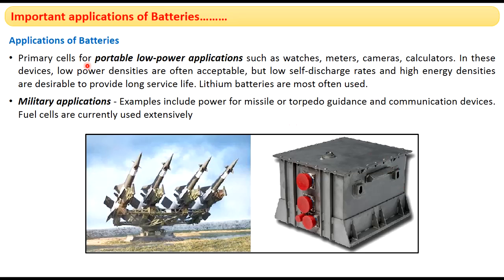Next, primary cells are preferred. Primary batteries are used especially for portable low power appliances. Applications like wrist watches, meters, cameras, calculators run with primary batteries. For these batteries, low power density is enough, but low self discharge rate and high energy density are desirable.